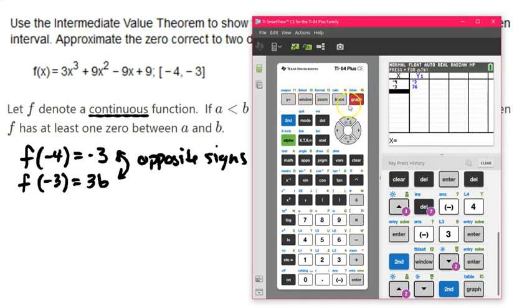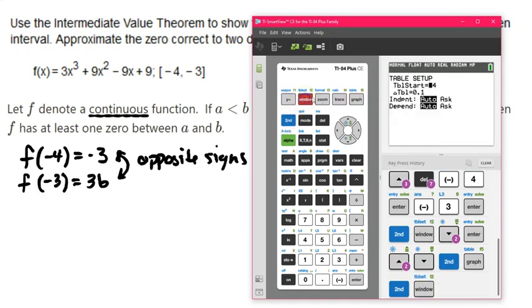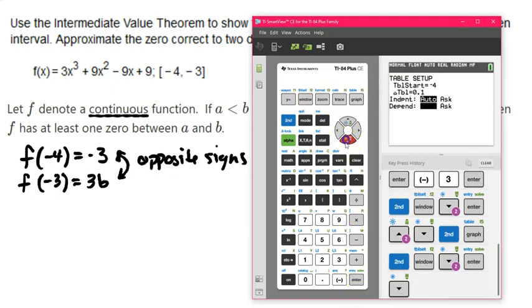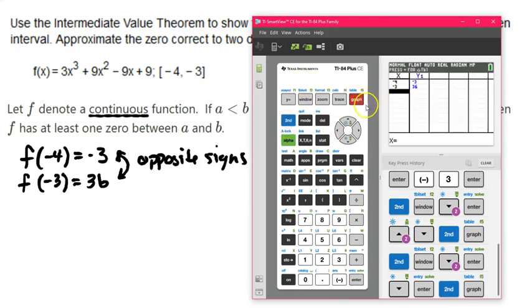All right, so let me go back and double check that I've done that right. Okay, so I have it in auto, and let's go to the table.